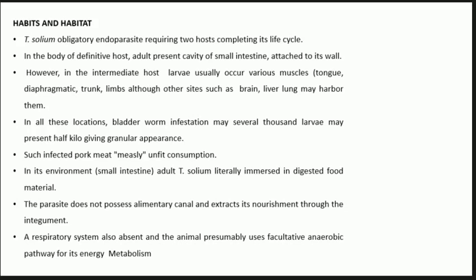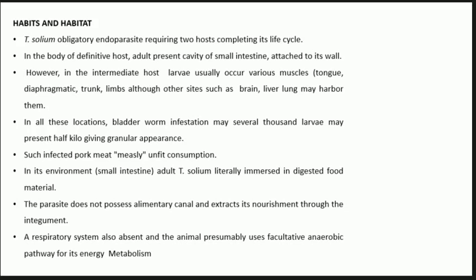But if we talk about its intermediate host, larvae usually occur in various muscles, for example tongue, diaphragm, trunk, limbs. So you may find them in different areas. Only in humans will you find the adult in the small intestine, but in the intermediate host you will find them in different areas.